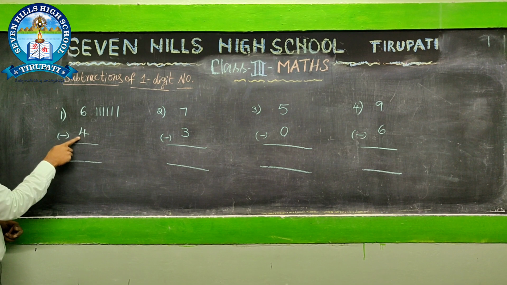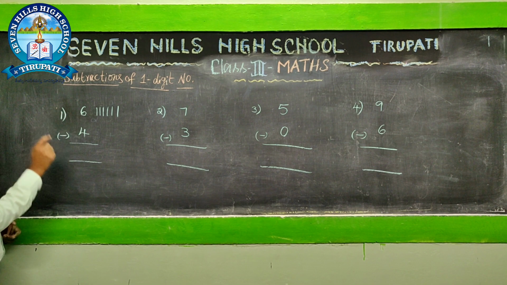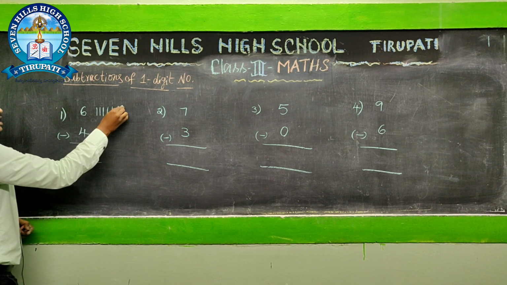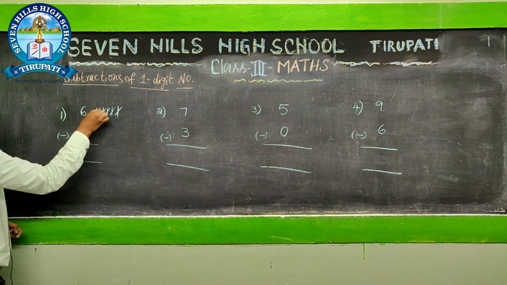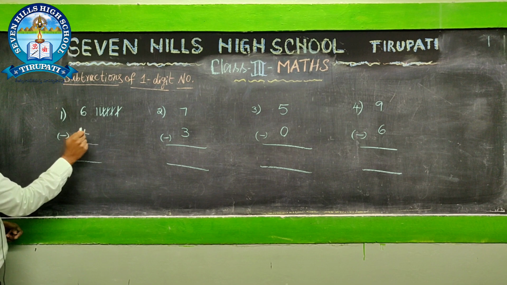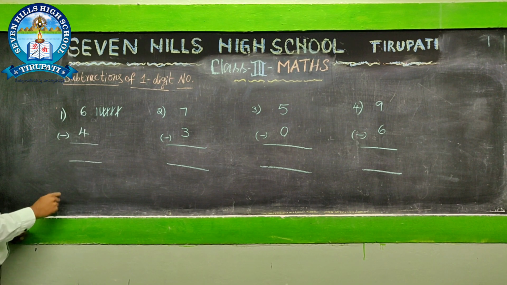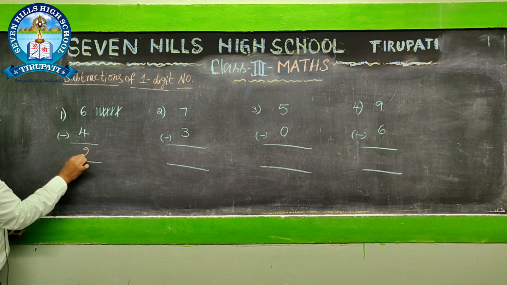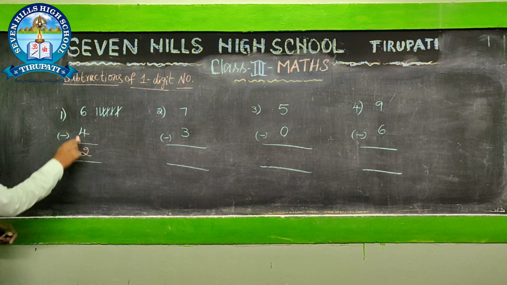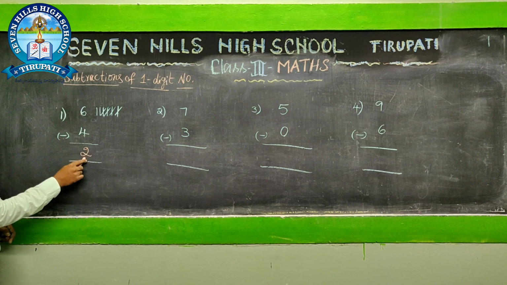Then strike out 4 lines: 1, 2, 3, 4. Then what is remaining? 1, 2. So 6 minus 4 is equal to 2.